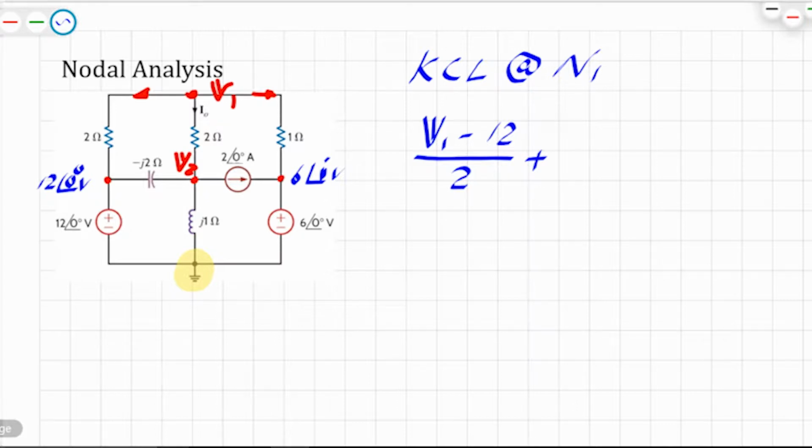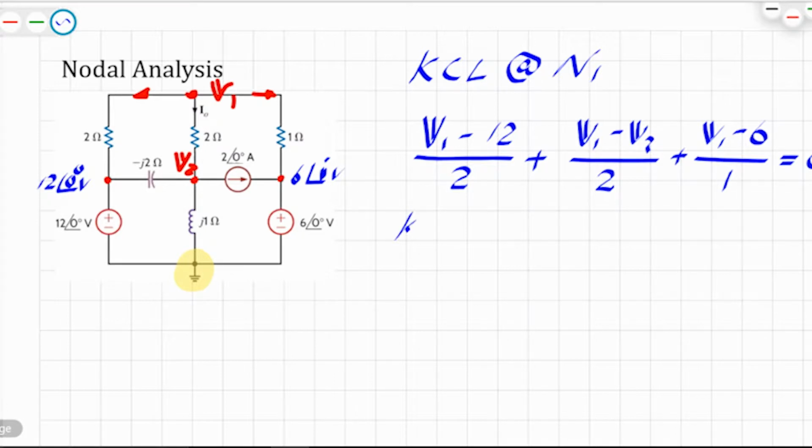So the potential difference is V1 minus V2 divided by the impedance, which is 2. Finally, another current coming out of that node is the one flowing through the 1 ohm resistor. The potential difference across that resistor is V1 minus 6 divided by the impedance, which is 1. And that should be equal to 0. All the currents summed up should be equal to 0. This is my equation 1.